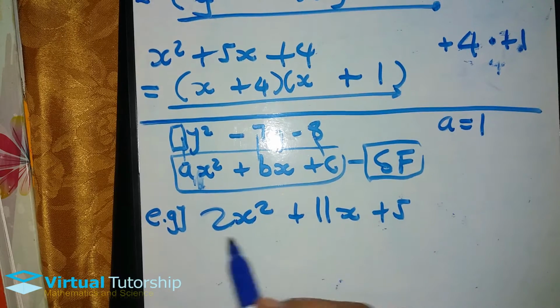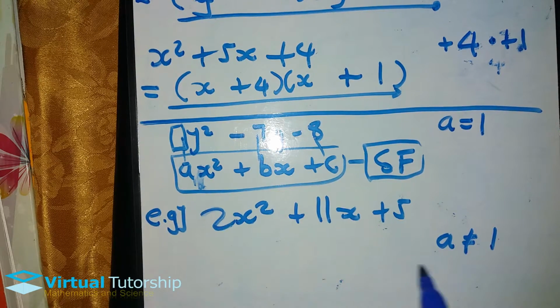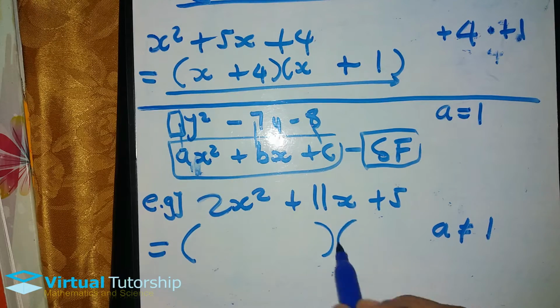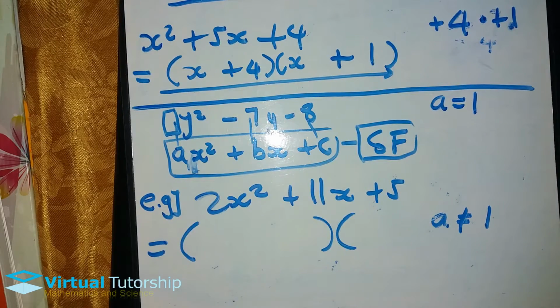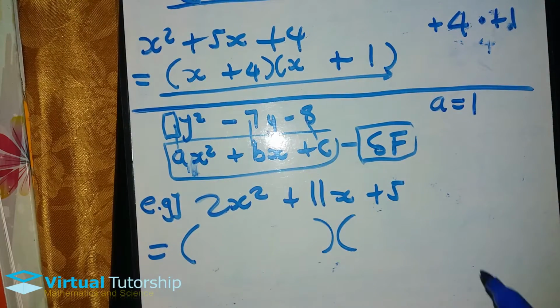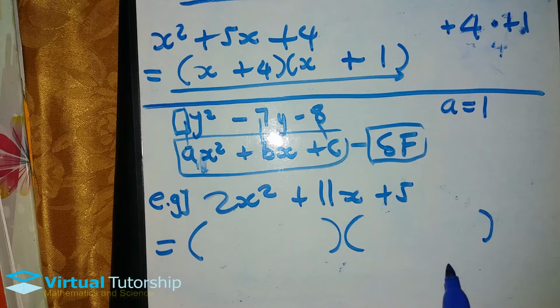In this example a is not equal to 1, so the rules will change. To find your factors here, it's still trial and error, but it becomes a bit more complicated.